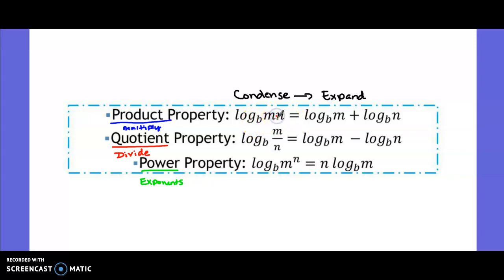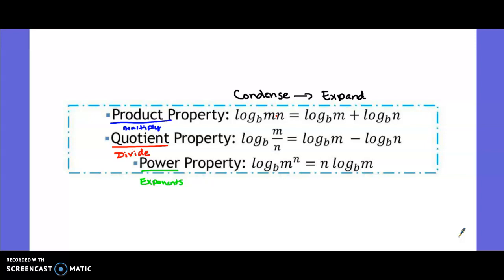So two things multiplied together. We can expand that into multiple logs: log base b of m plus log base b of n. So if you're multiplying, you can expand it into multiple logs and add those two logs together. Or you can condense them. If you have two logarithms that are being added together, we can condense them into one by multiplying.